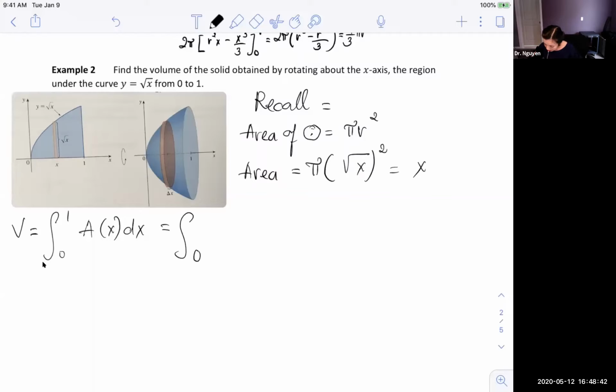The integral from 0 to 1 of pi x dx. And then we can take pi out, x squared over 2, and we want to go from 0 to 1. So the answer is just pi over 2.